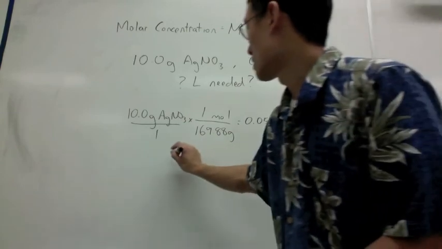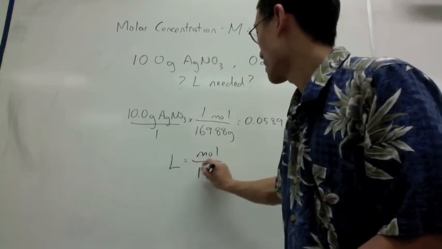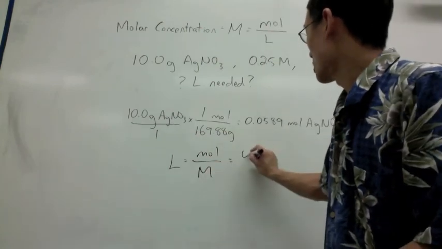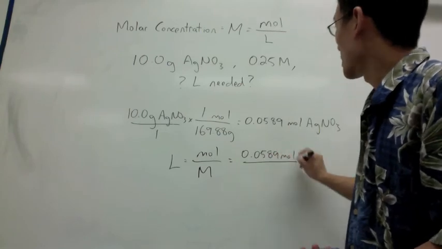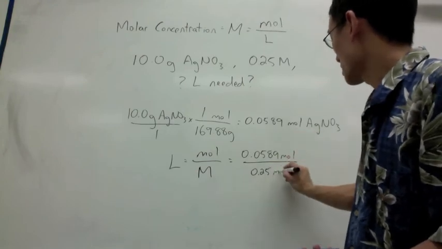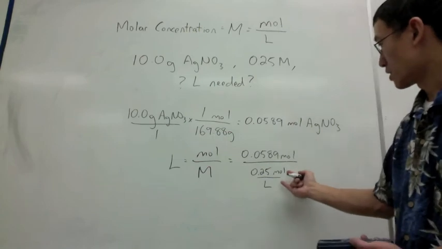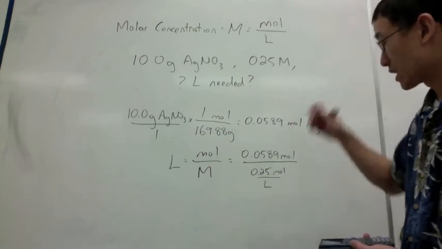And remember, the volume needed is just going to be the moles of something divided by the molarity of the solution. So that's going to be 0.0589 divided by 0.25 moles per liter. Once again, I split out the molarity units so that I can see how the units cancel out.